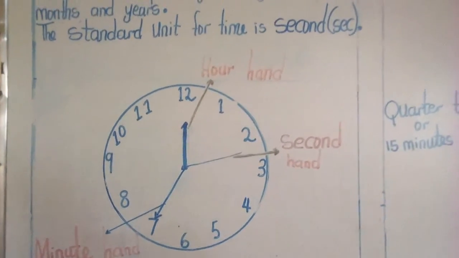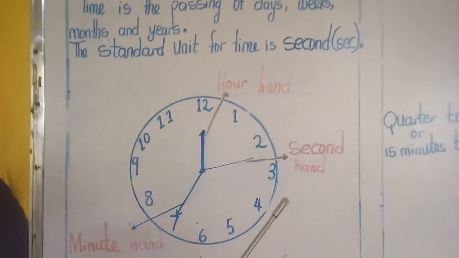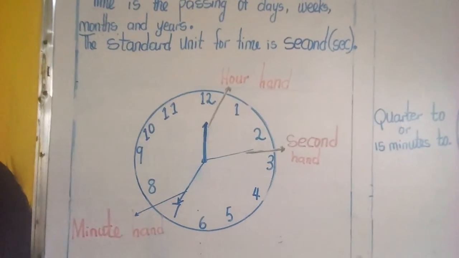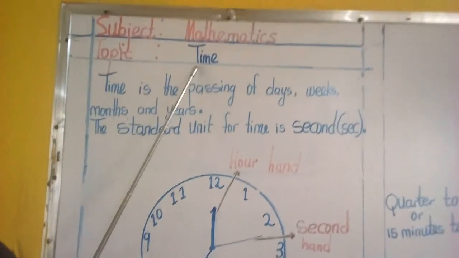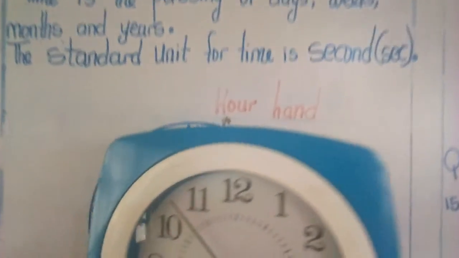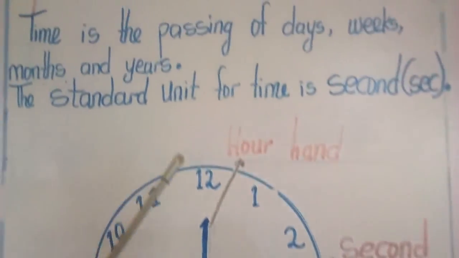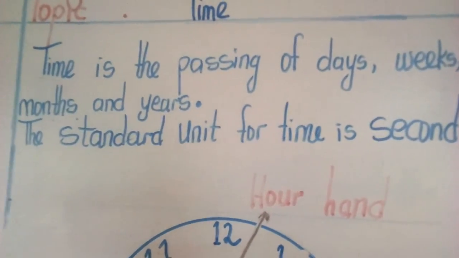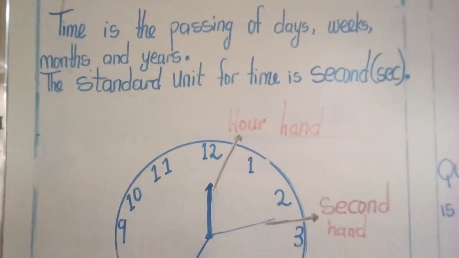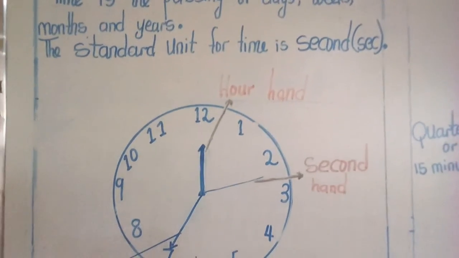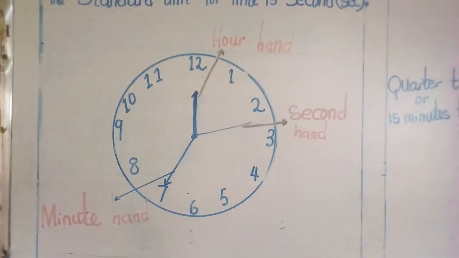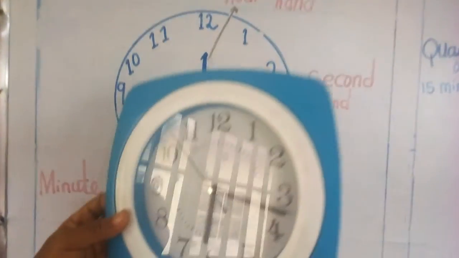All right, beautiful ones. Just before we call it a wrap for today, remember our topic for today is time. We say that time is the passing of days, weeks, months, and years. And we say that the standard unit for time is the second. Then we also say that in some clocks there are 3 hands.